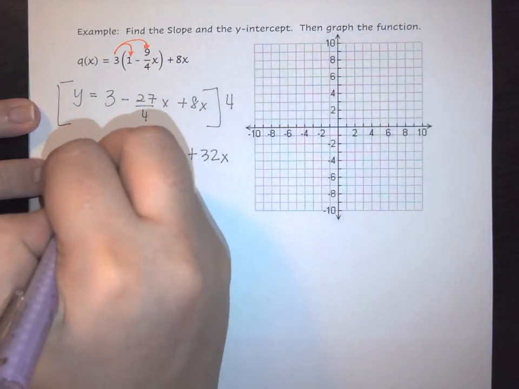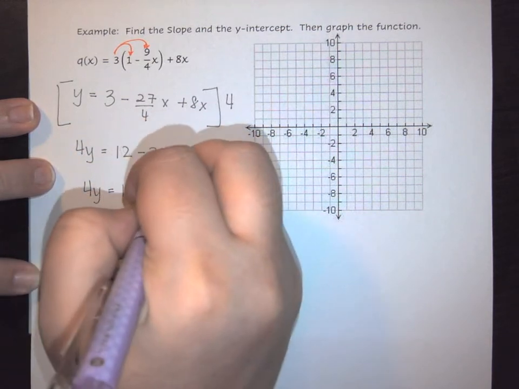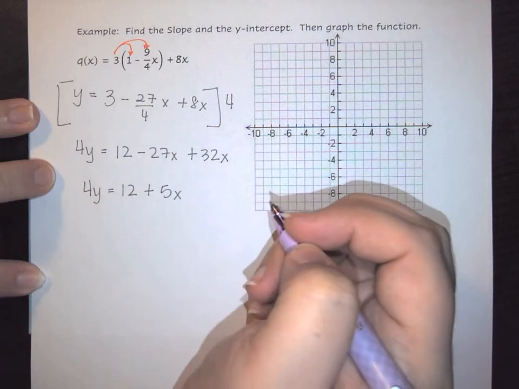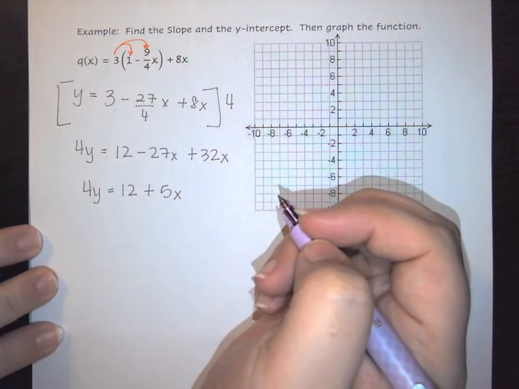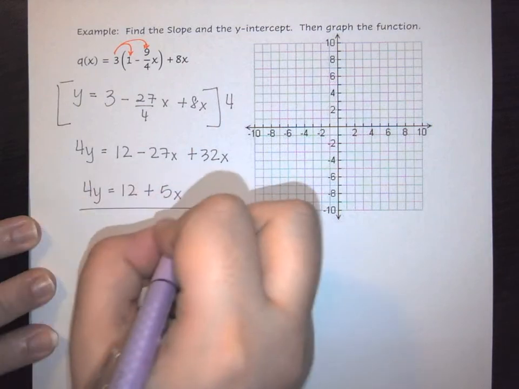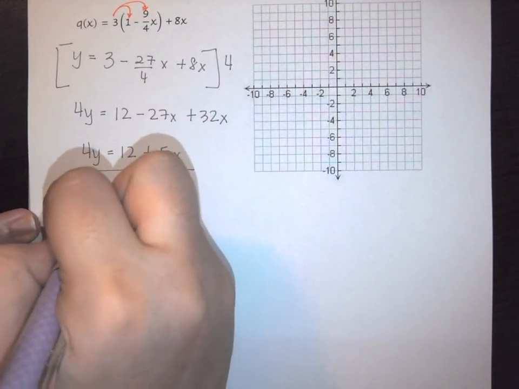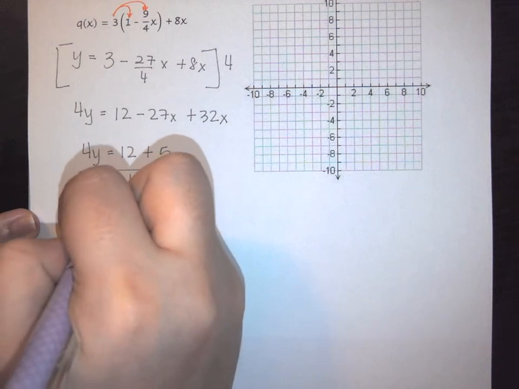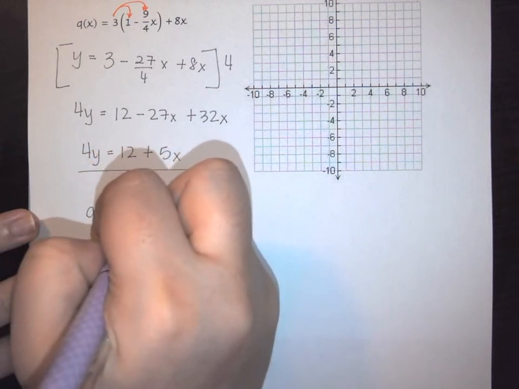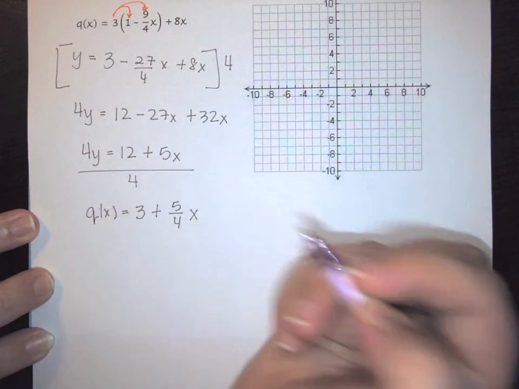In this case, I have 4y is equal to 12 plus 5x. I need to get y completely by itself. So now we have to divide everything by 4 again, which says that my q of x is going to be 3 plus 5 over 4 x.